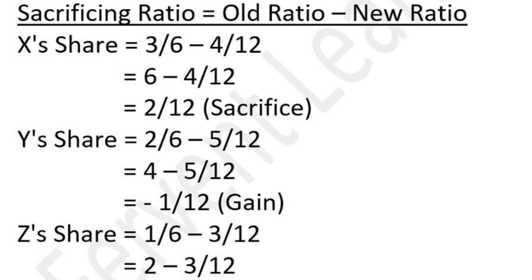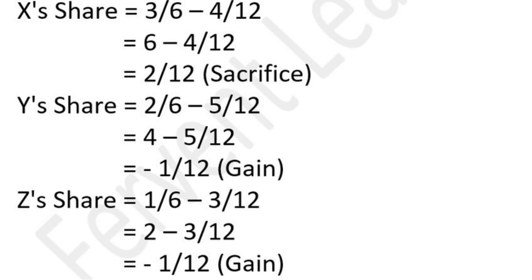Now we calculate share of Y, which is 2/6 minus 5/12. 2/6 is his old profit sharing ratio and 5/12 is his new profit sharing ratio. We will get minus 1/12 as the answer.